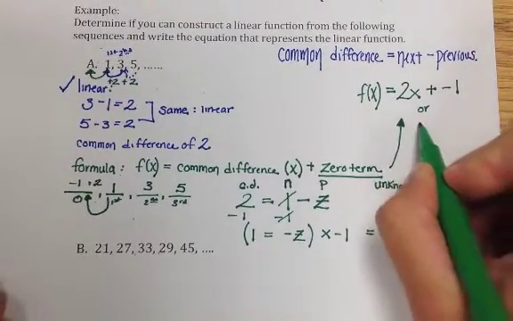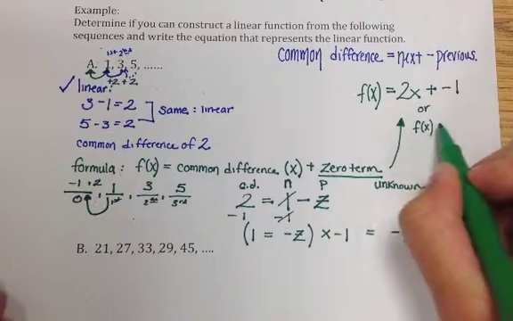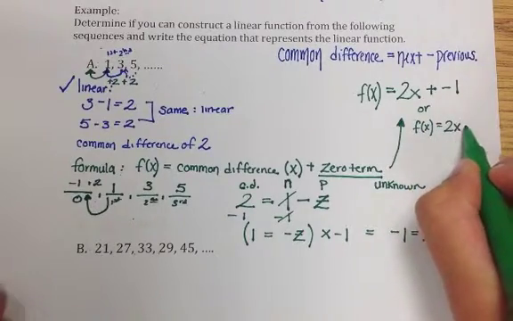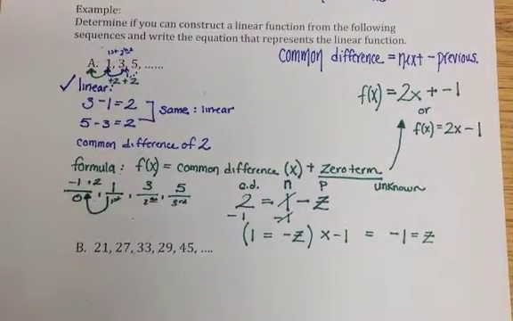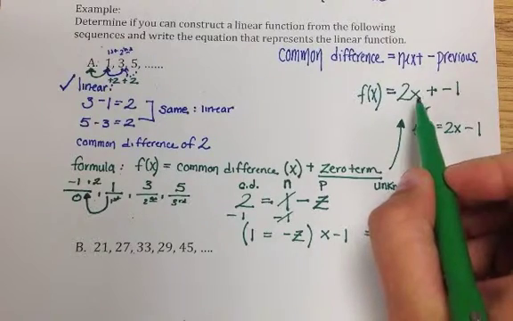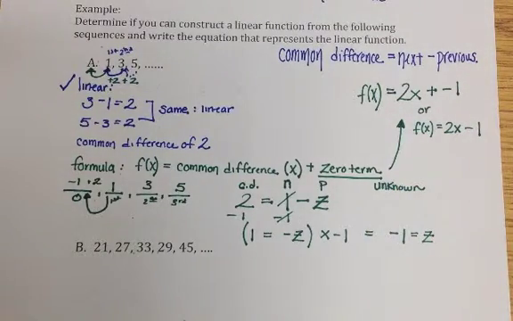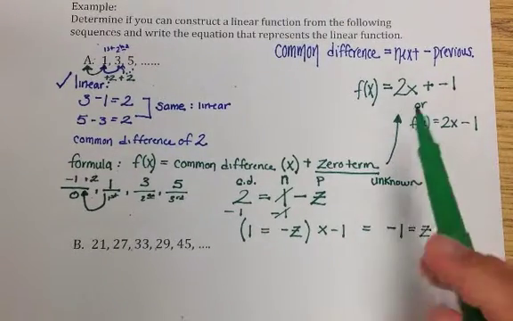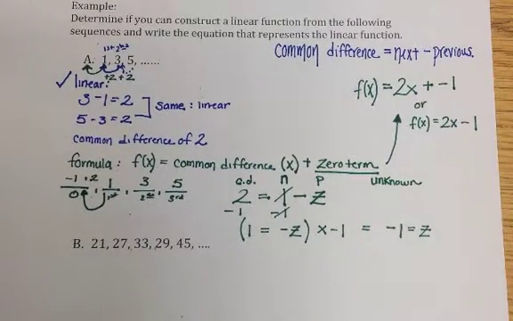Or you could write it as f of x equaling 2x minus 1. With this equation now, we can find the value of any term number. x would represent your term number, so we could plug in 5 and find the 5th term in the sequence. Or we could plug in 100 for x and solve for the 100th term in the sequence.